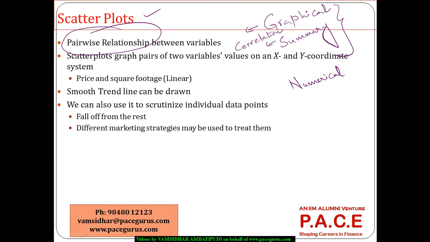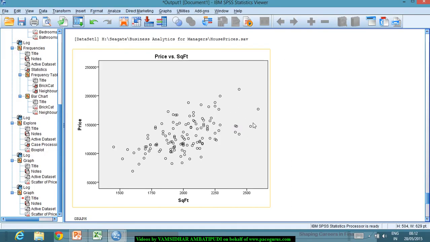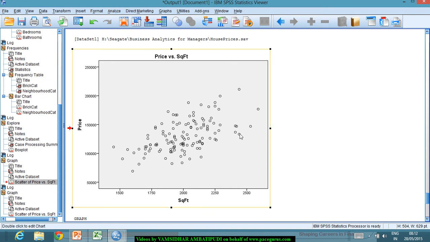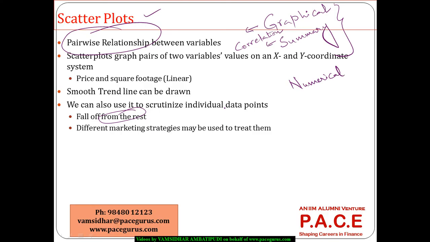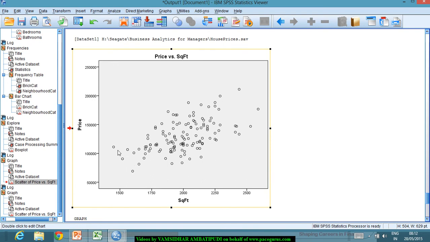But apart from understanding the relation, we can also try to see which points are falling away from the rest. Individually there is no problem with this one, but when I look at it pairwise, it falls into a slightly odd segment. These values fall much away from the rest, which means I may have to use a different marketing strategy if I really have to target selling these.